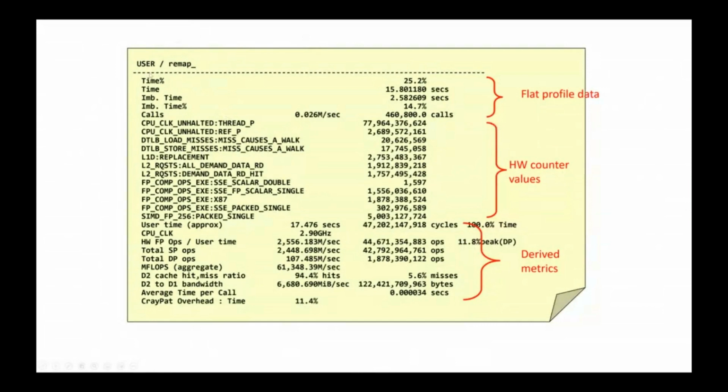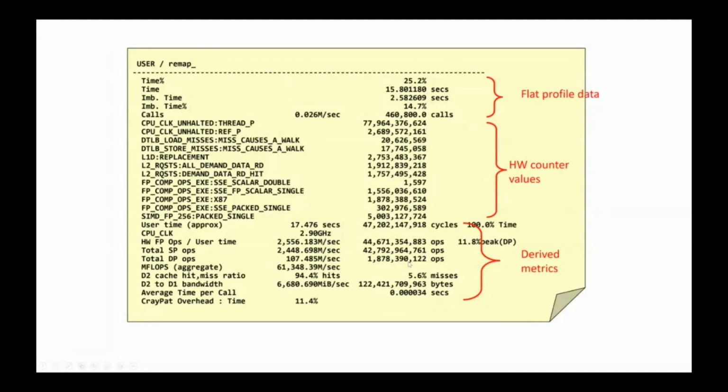But you can see here there's a breakdown of an individual function. 25% of that function was the runtime of the whole program. There's some discussion about imbalance time. Well, this is for a parallel application, so this is how much this varied across the different workers. And then there's how many times this function was called, and then L1, L2 cache metrics. These are floating point or vector metrics, so how many times we've got vector instructions.